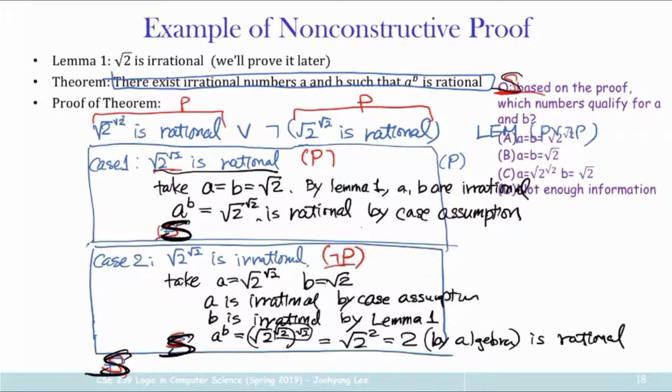Well, I don't know whether you can read. Let me write here. So based on the proof, which numbers qualify for A and B? Choice A is square root of 2. Choice B is square root of 2 to the power of square root of 2.